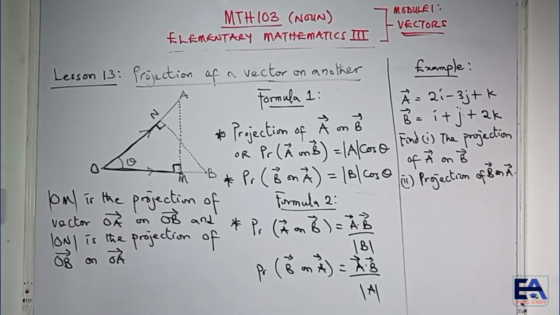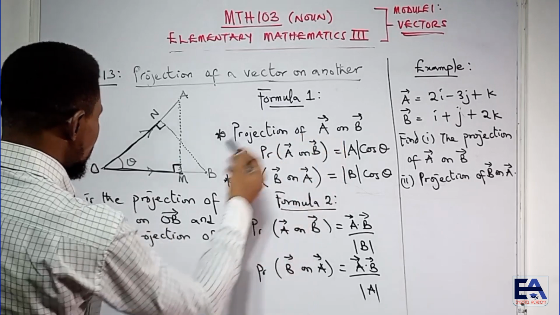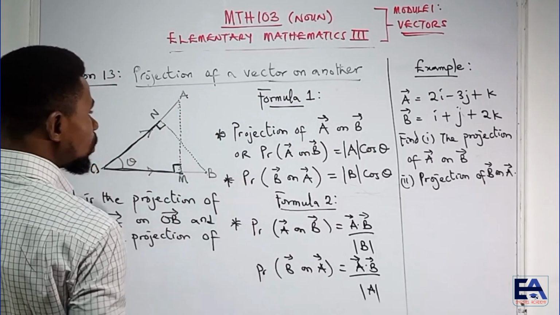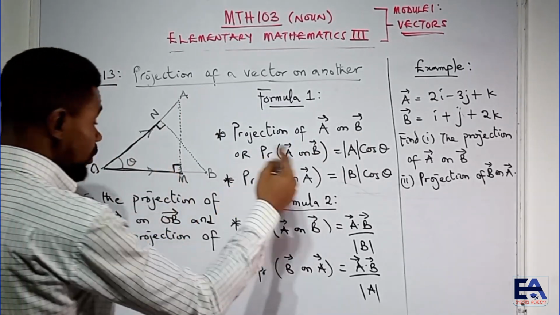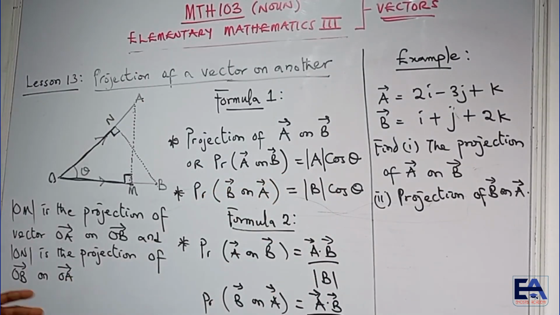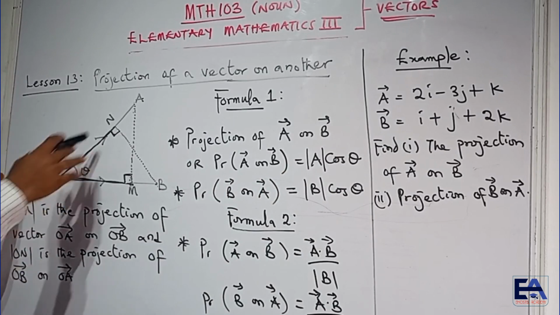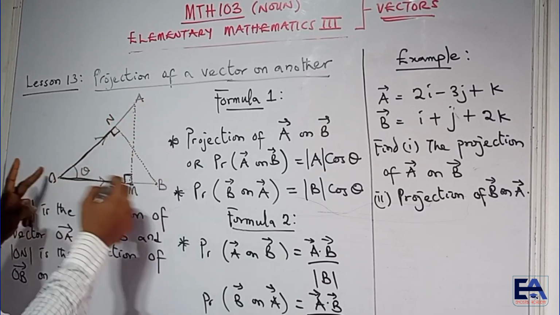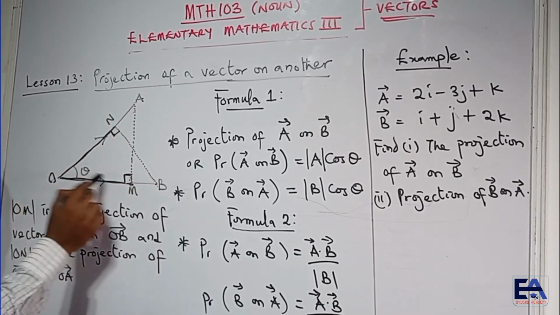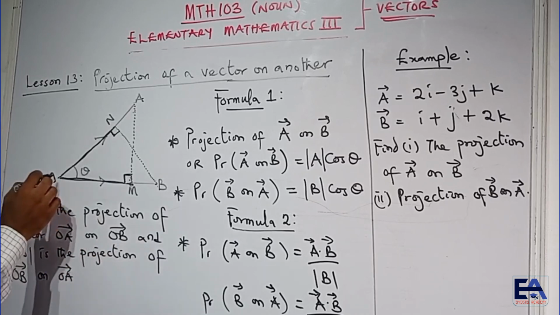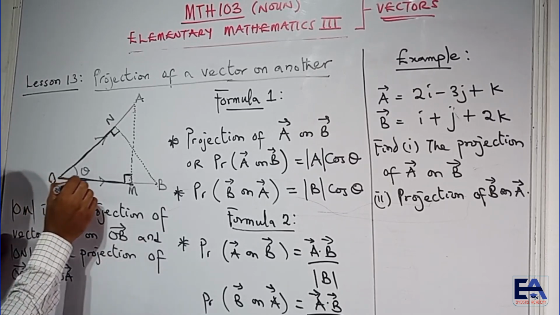All right. So as we have it here, it says the projection of vector A, that is vector OA, on this OB, is given by the formula A cos theta. And the whole thing starts from, if you look at the trigonometric relationship that produced this, look at this. Cos theta is given as adjacent over hypotenuse. If you check this very well, this is angle theta.